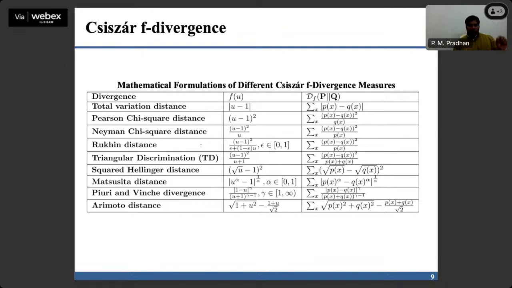Okay, so as I said, the complexity of some of the measures might be very high, but then the accuracy achieved is very good. So you have to take a call based on the requirements of your application.